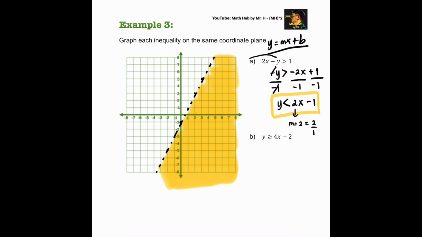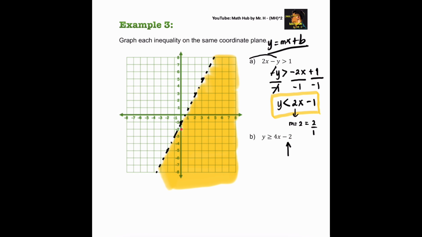All right, so let's check your work. So for letter B, we were given y greater than or equal to 4x minus 2. And you notice that this is already written in slope-intercept form. All right, so you have here the y-intercept, which is negative 2, (0, -2) is here.